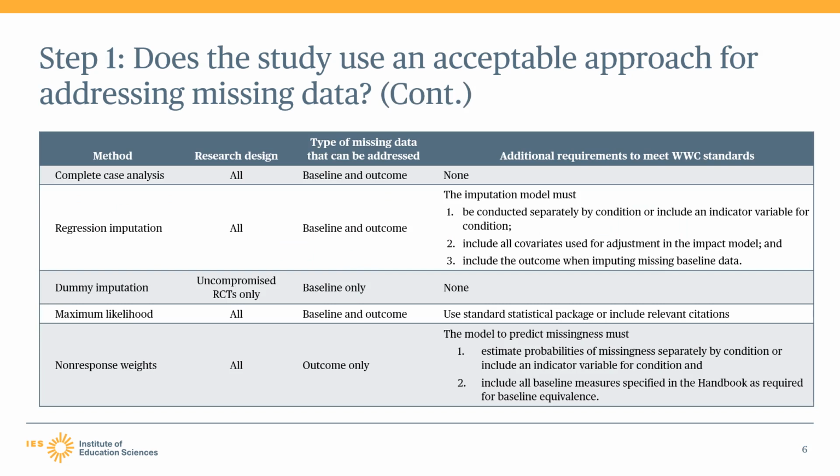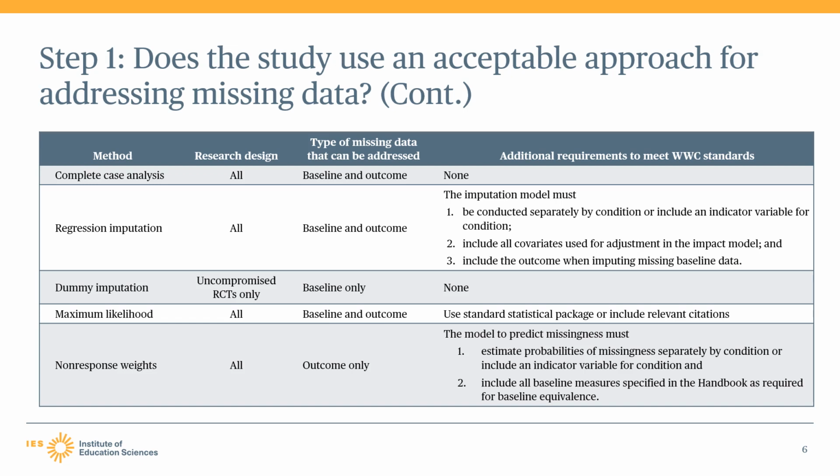This table shows the acceptable research designs, the different types of data that can be imputed, and any additional requirements that the WWC has for a missing data approach to meet the WWC's standards. For example, complete case analysis is an acceptable approach for handling missing data in any type of group design study and is acceptable for handling both missing baseline data and missing outcome data.